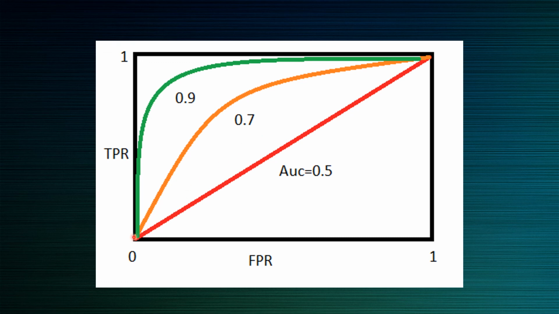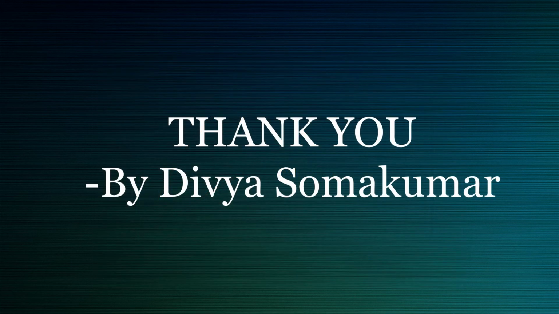We want our AUC to be 100%. We want our curves to be very close to 1. So, these AUC curves can help us determine which model is good for prediction. I hope the concept of ROC and AUC is clear for one and all. Thank you.